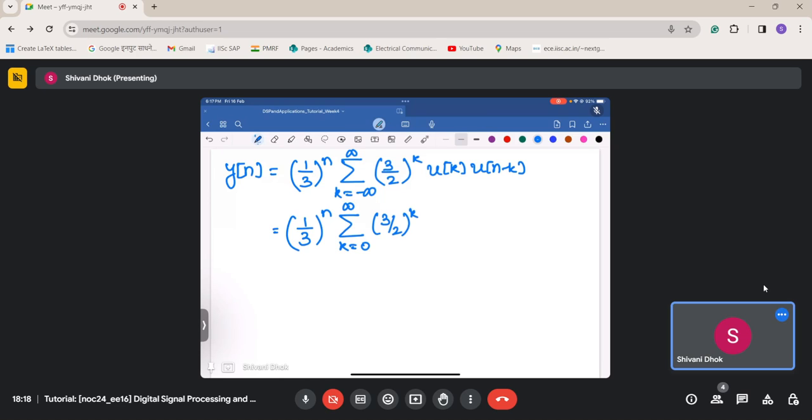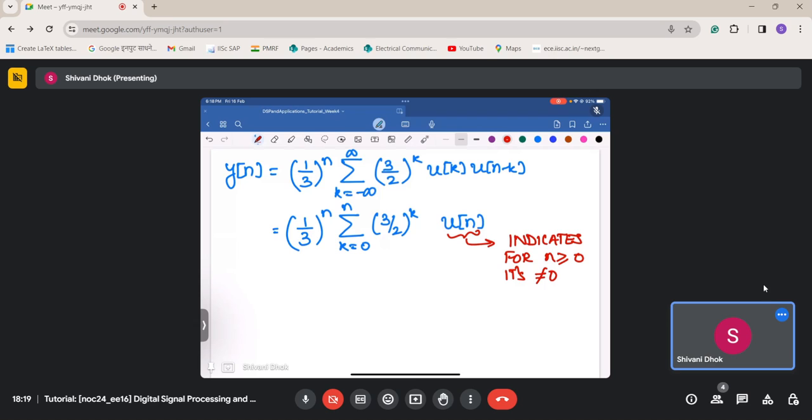And when is this true? This is true when my n is positive. So this indicates for n greater than or equal to 0, it's not equal to 0.